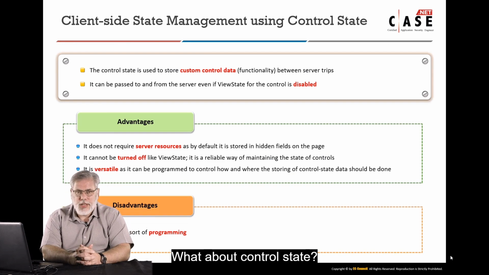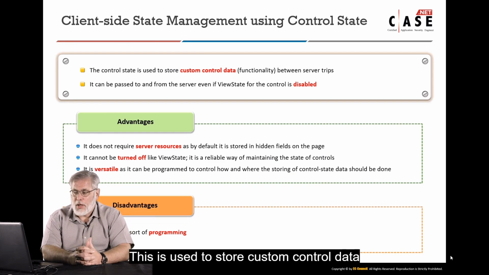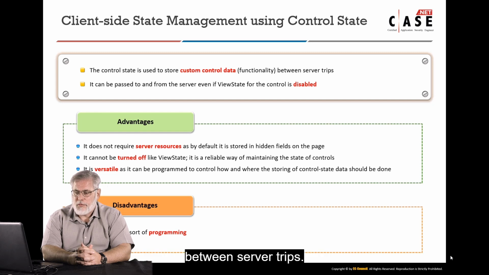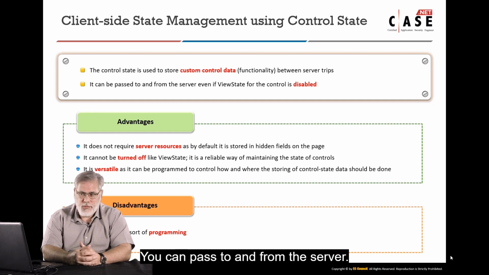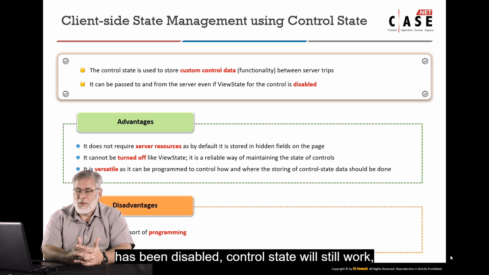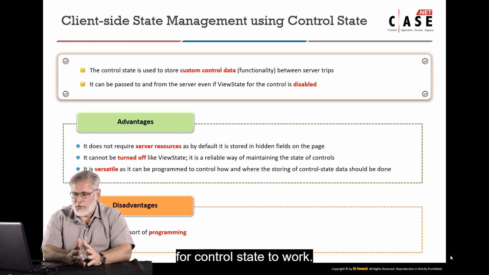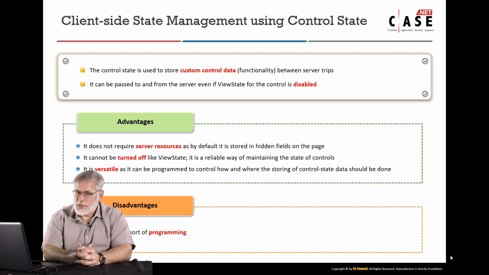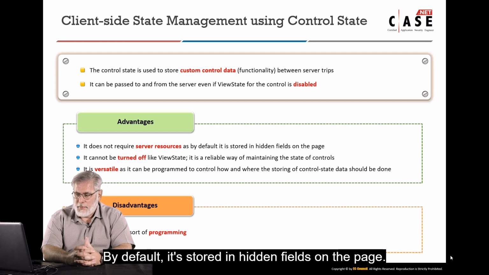What about control state? This is used to store custom control data between server trips. You can pass it to and from the server. If the view state for the control has been disabled, control state will still work. So you don't have to have view state for control state to work. Doesn't require the server resources. By default, it's stored in hidden fields on the page.